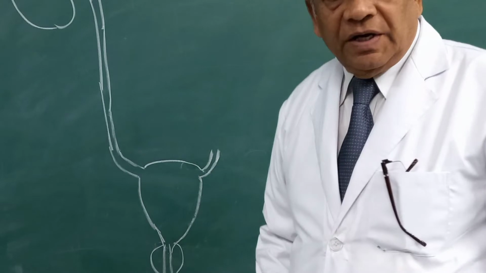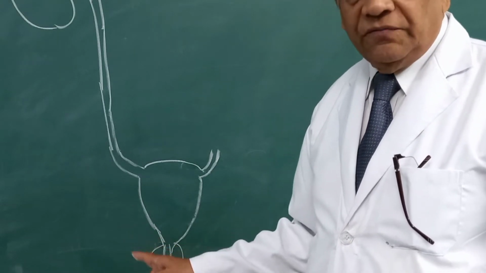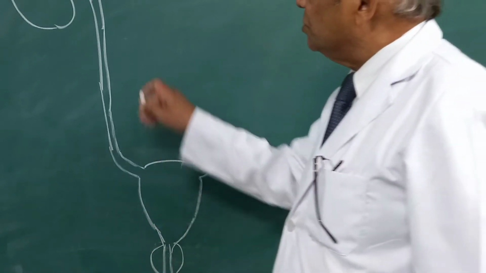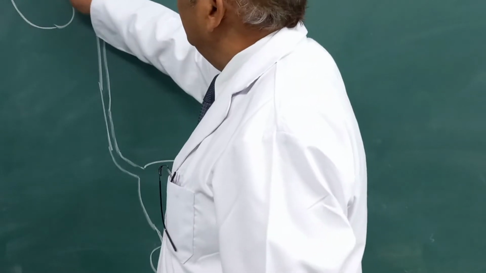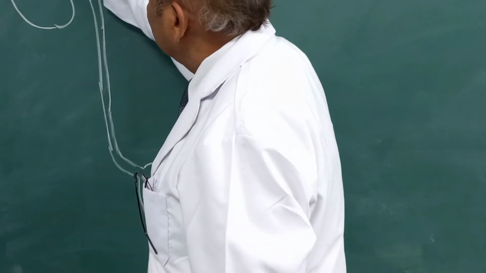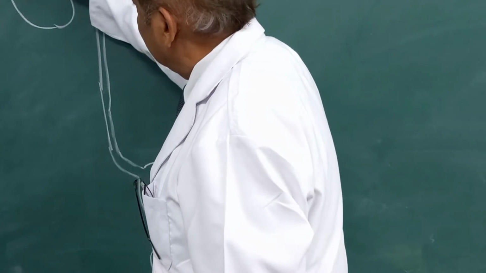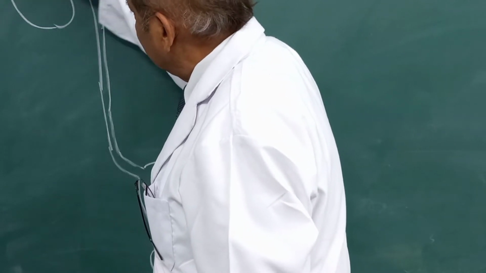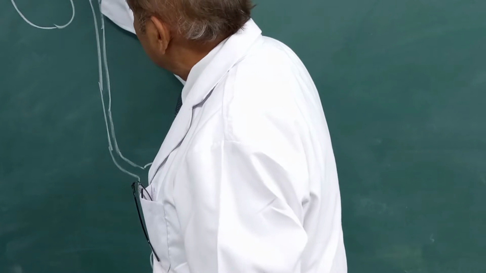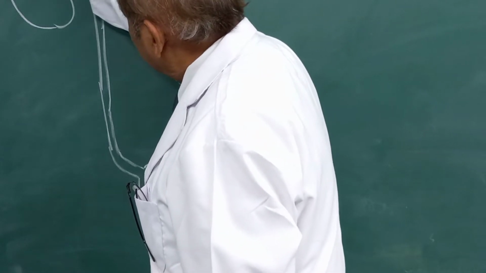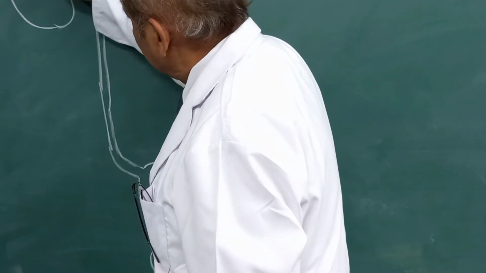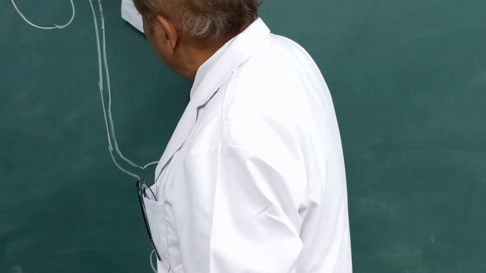Where will you be looking for the epithelium? You should look for the epithelium inside the kidney. This will begin at the major calyces, minor calyces also. But let us see here, these are the major calyces. So from the inner aspect of the major calyces, this transitional epithelium will be lining it.